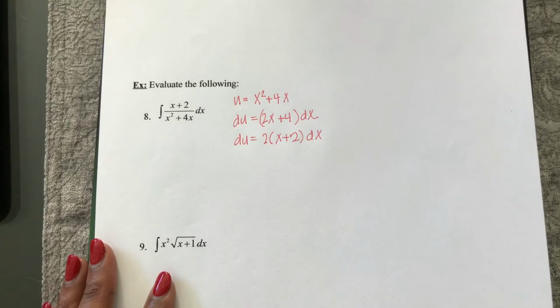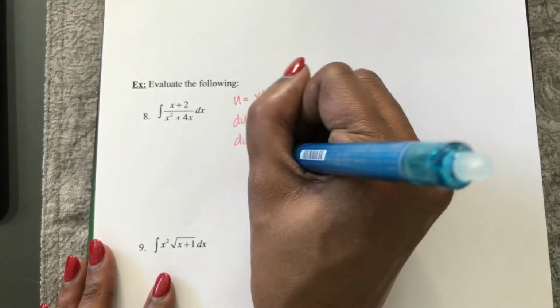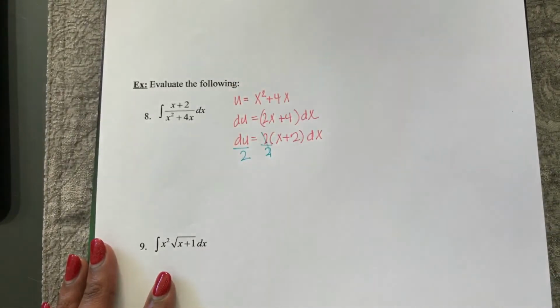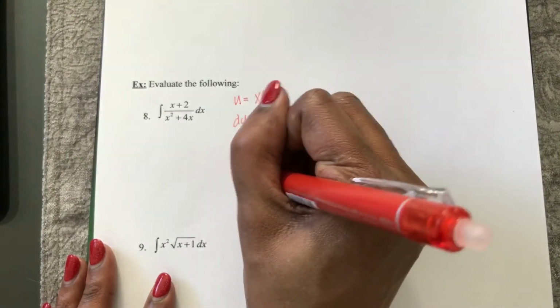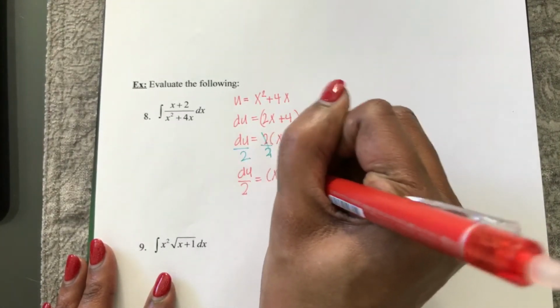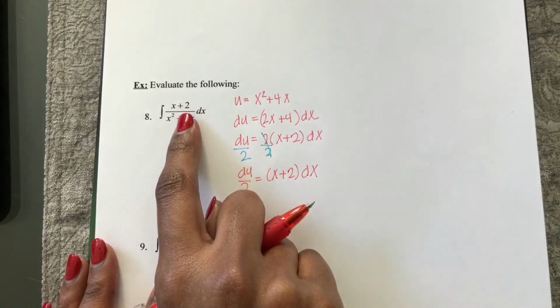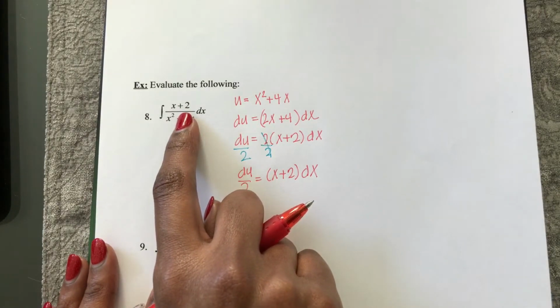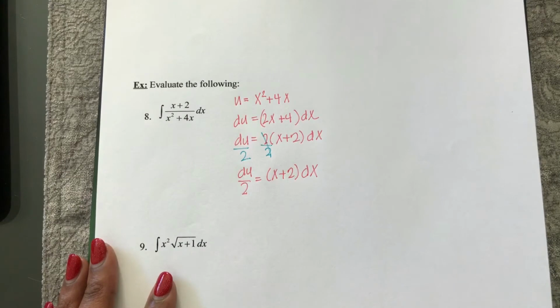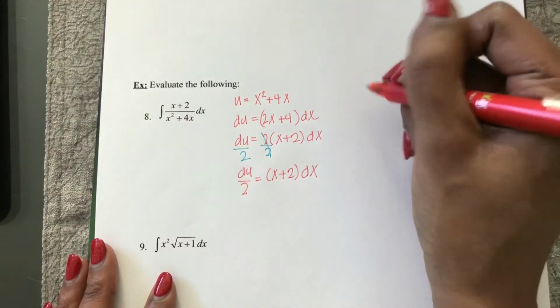And if I divide that over to this side, I'm left with du over 2 equals x plus 2 dx, which is my numerator. So now I have everything I need to plug in.